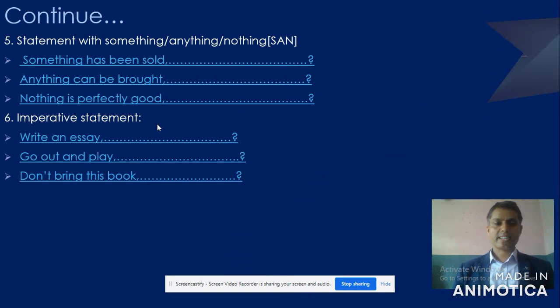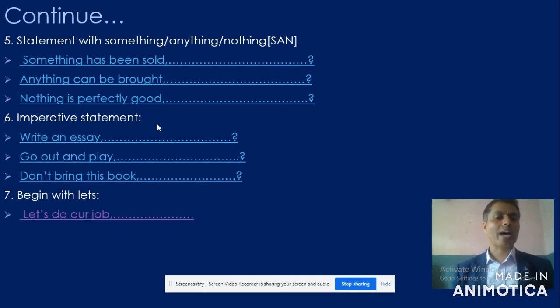Now look at the next one. Category number 7 begins with let's. If the statement begins with let's, here as well we have to follow a certain type of rule. Let's do our job. The statement begins with let's.